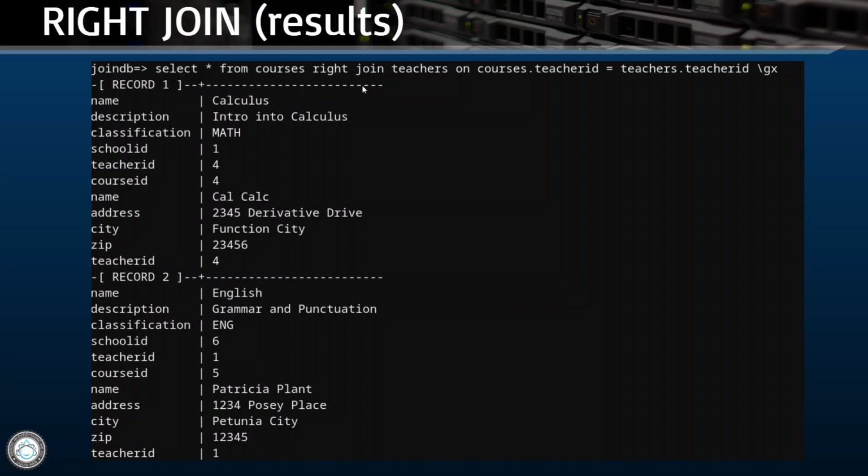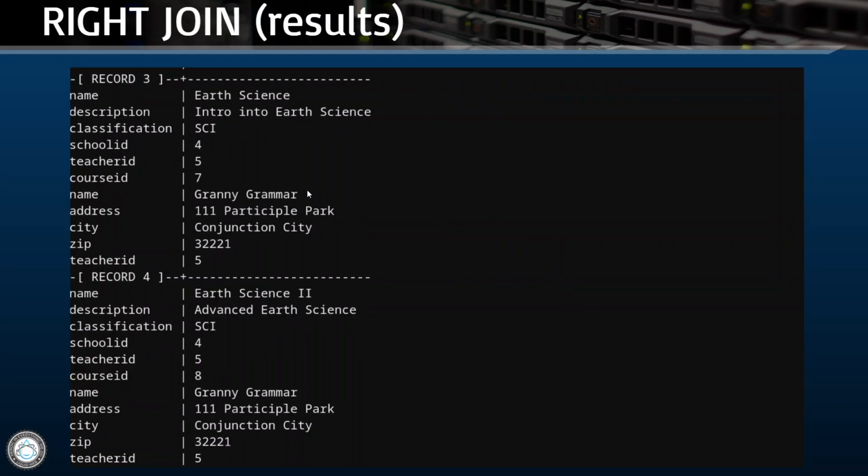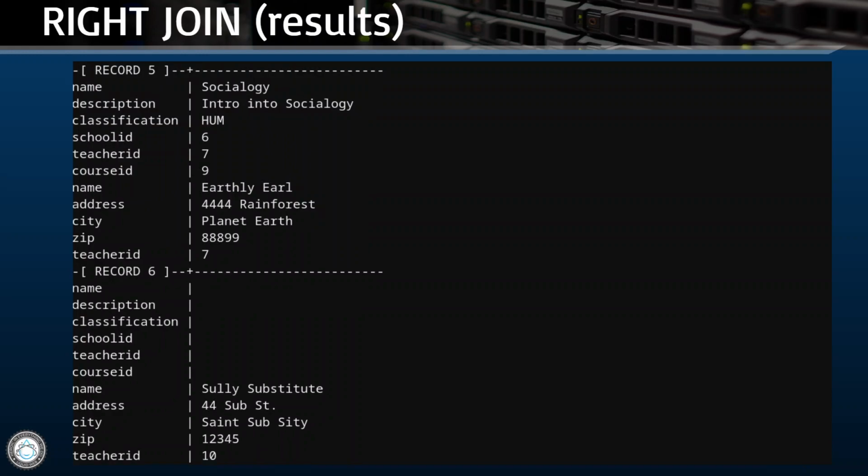And the first 2 records that we got back, we see that there's a teacher teaching each class. Same thing for the next 2 records. In record 6, we now find a teacher that does not have a class they're teaching, which we would expect.